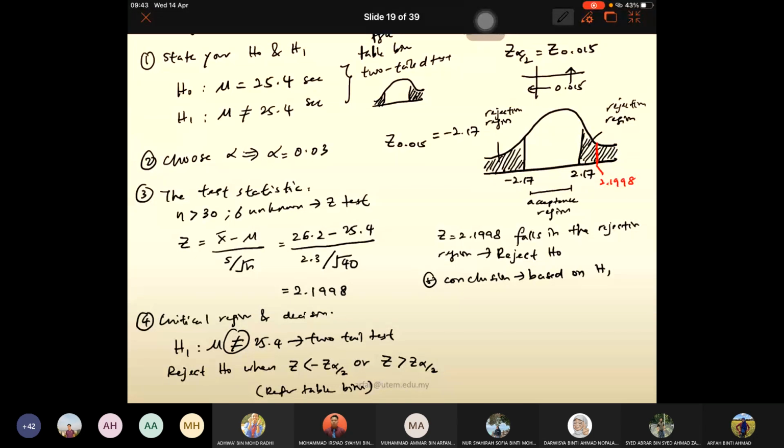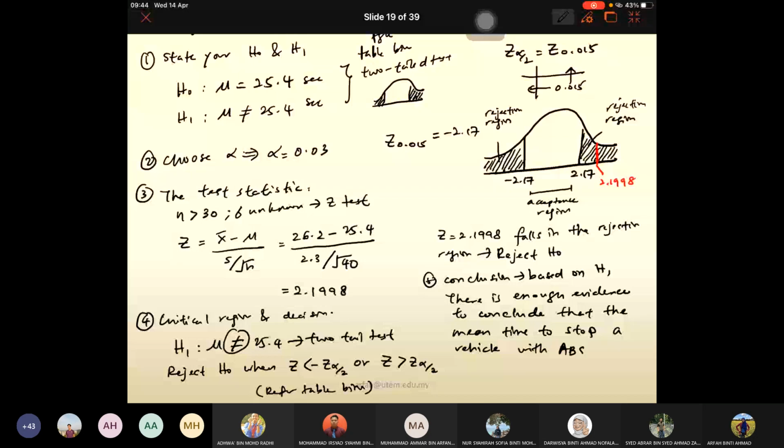Okay. So conclusion, there is enough evidence to conclude that the mean time to stop a vehicle with ABS will not take exactly 25.4 second.